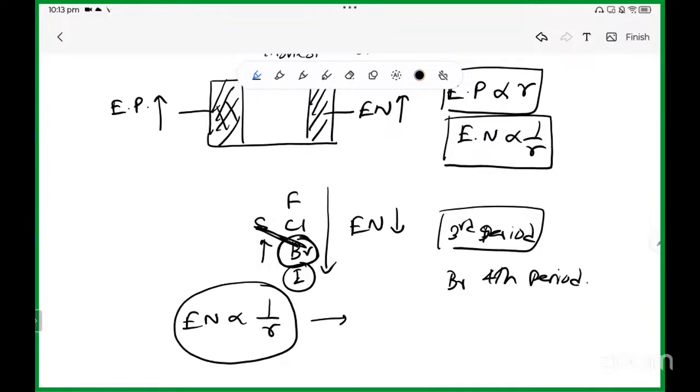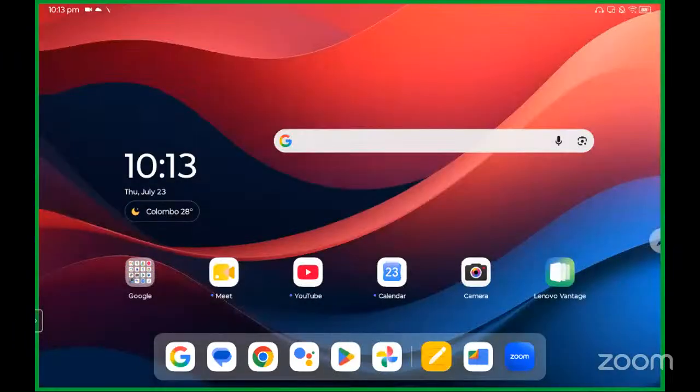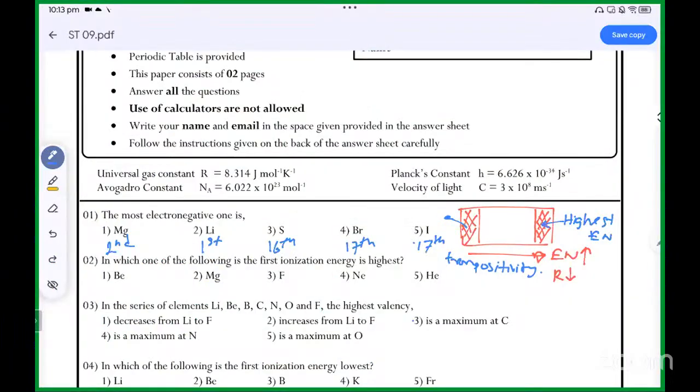It's not a fixed rule, so it is not taught as a theory. The theory is the Pauling scale, according to which we decide the electronegativities. So the answer here should be bromine, not sulfur. So the answer is the fourth one.